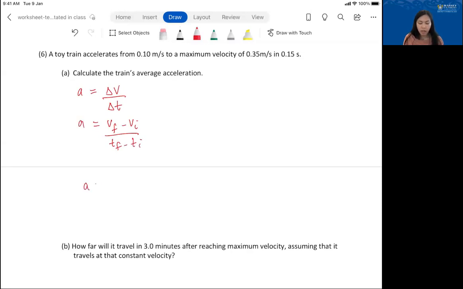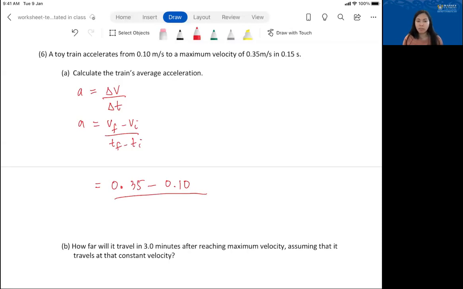Okay. You're given the initial and final velocities. So that will be Vf of 0.35 meters per second minus a Vi of 0.1 divided by the time interval. So you can always say that Ti is 0.